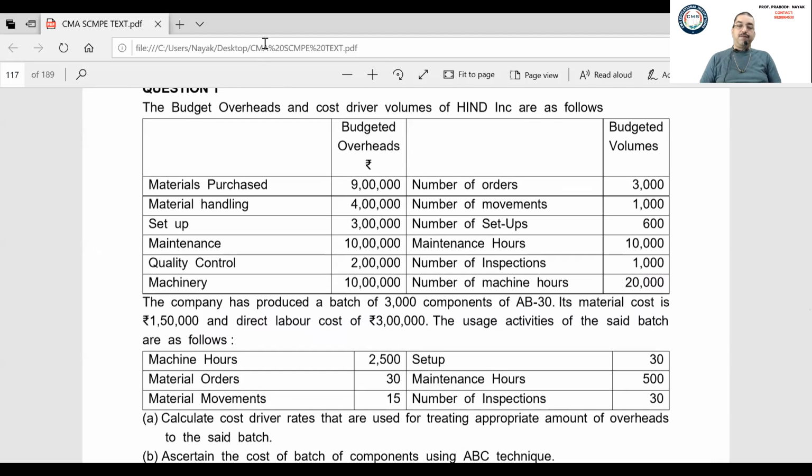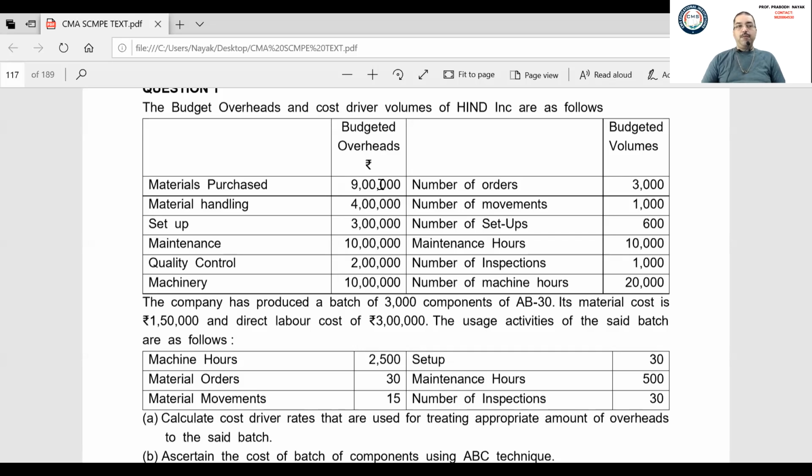Budgeted overheads and cost driver volumes of the corporation are as follows. You have material purchase, material handling, setup cost, maintenance cost, quality control, machine, with number of orders, number of movements, number of setups, maintenance hours, number of inspections, and number of machine hours.